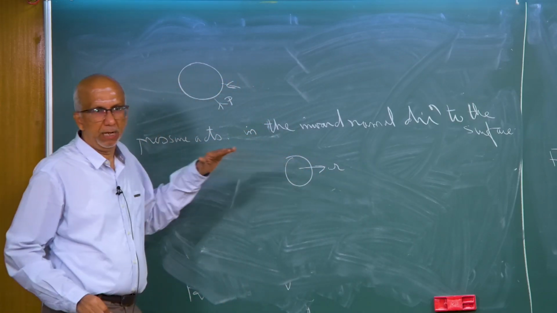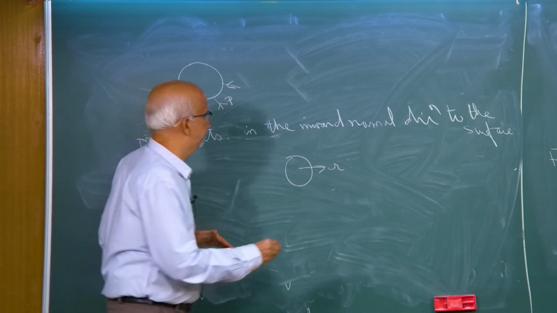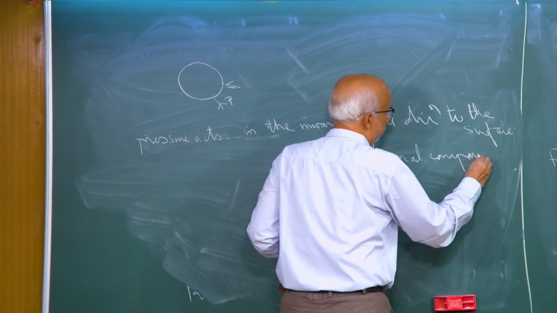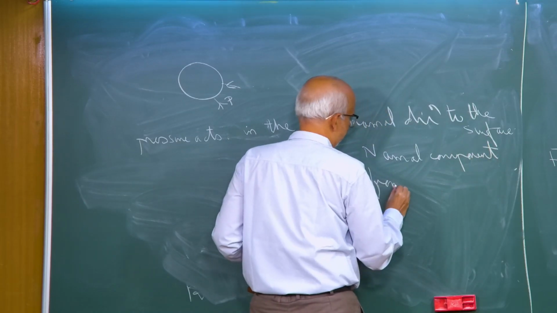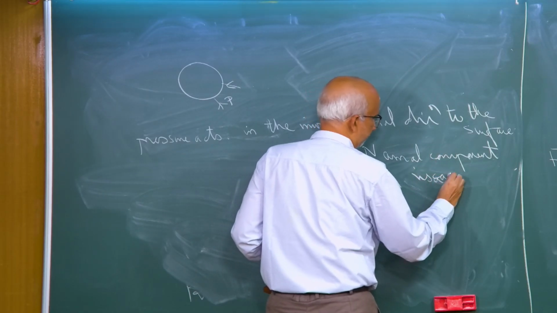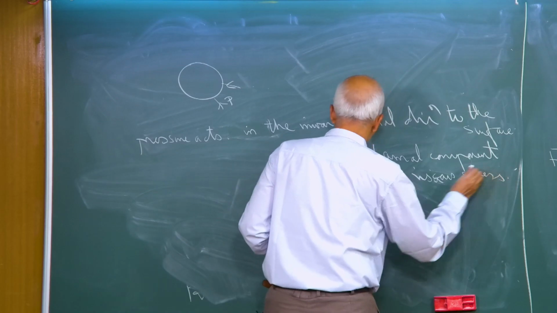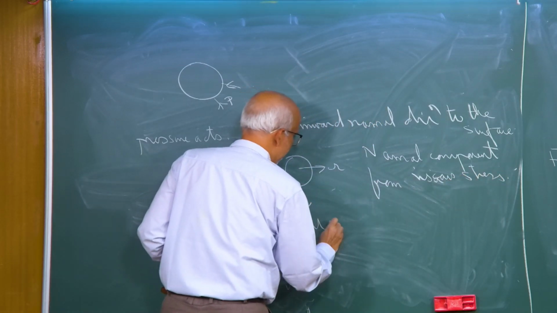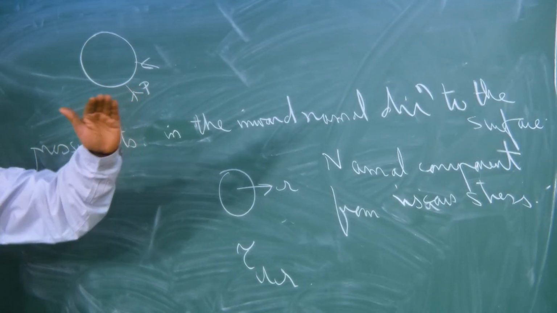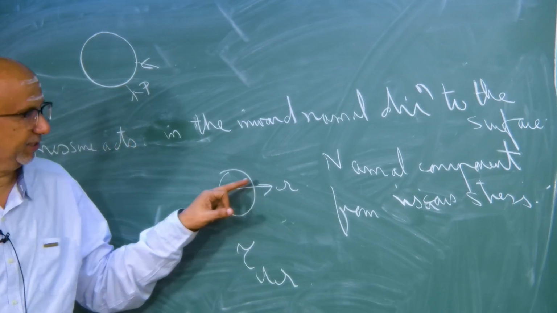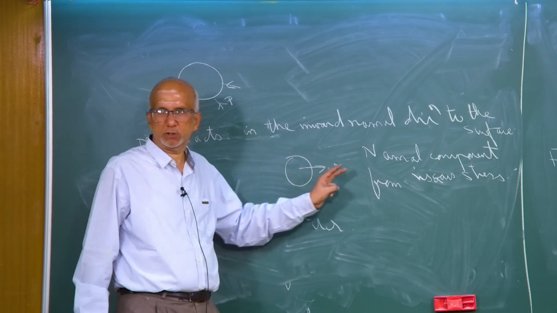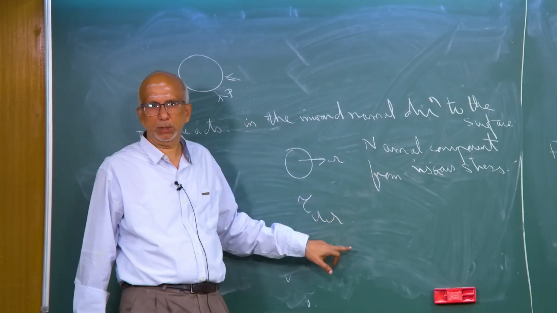I am interested in the normal component from the viscous stress, that is tau r, and tau r is positive when it is pointing outward. The radius is in the outward normal direction, so tau r is positive only if the stress is also in the same direction.